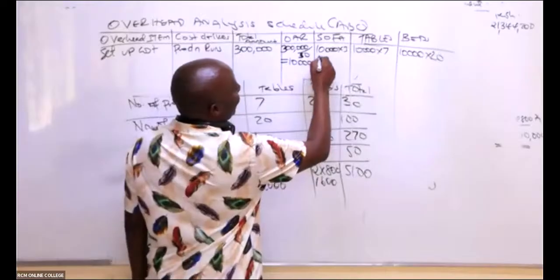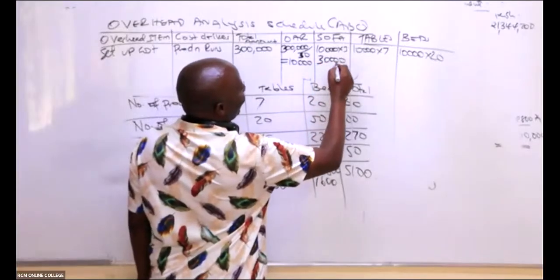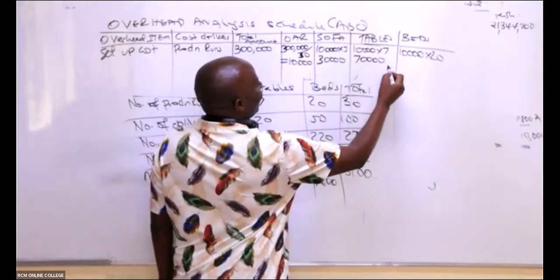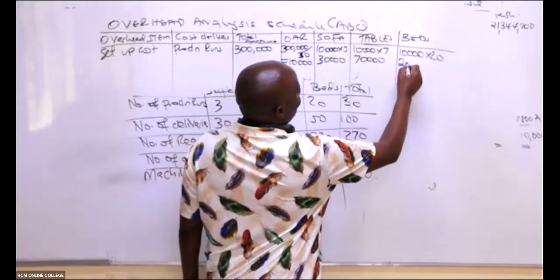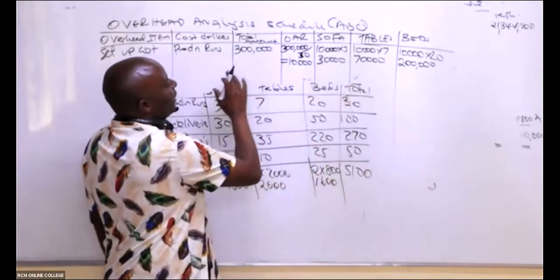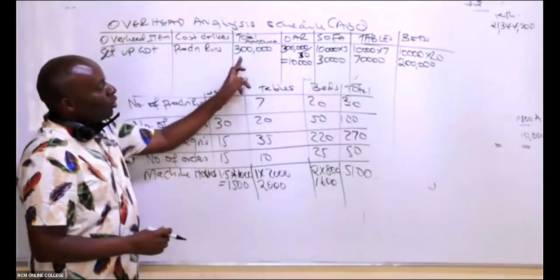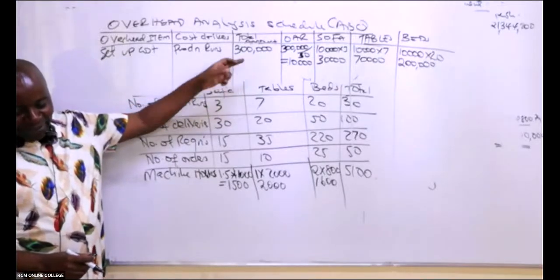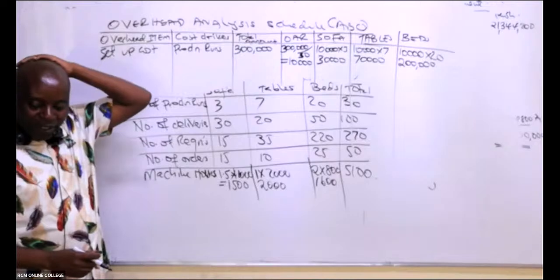So this will be 30,000, 70,000, and 200,000. If you add the three, they must give you a total of 300,000.